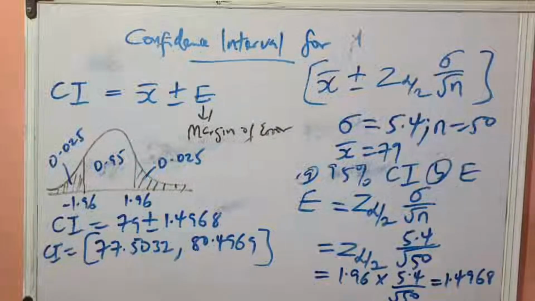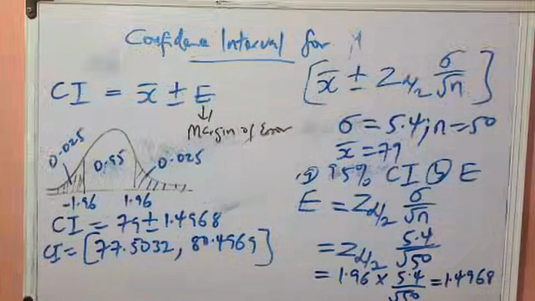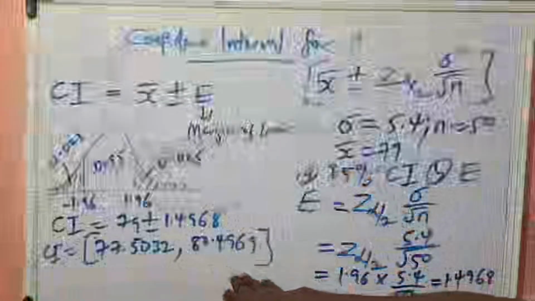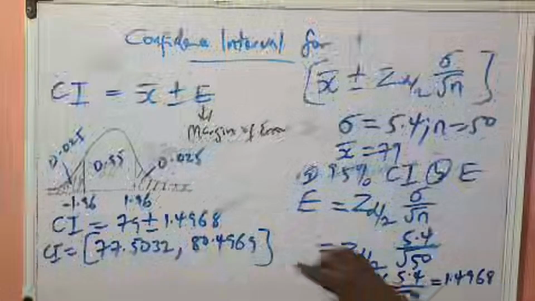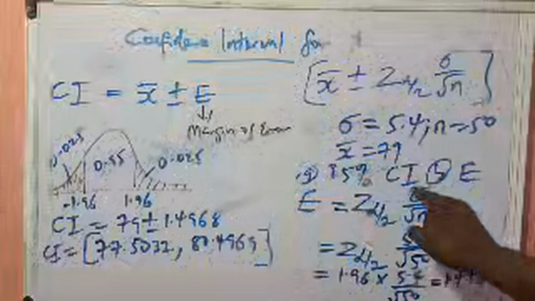If we are to take 100 samples, we are sure that 95 of those samples will have a mean between these values. Now, that may be complicated for some of you, but let me say one more time, so probably you can grasp it. Don't forget, we constructed this at the 95% confidence level.